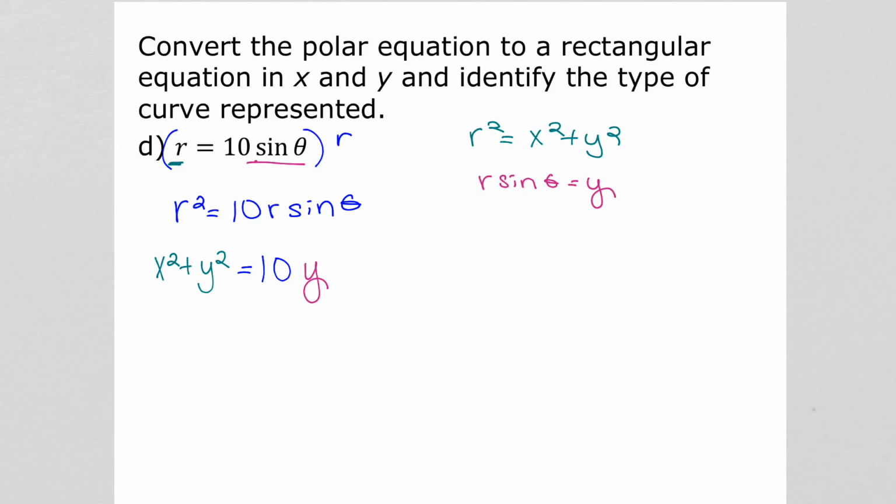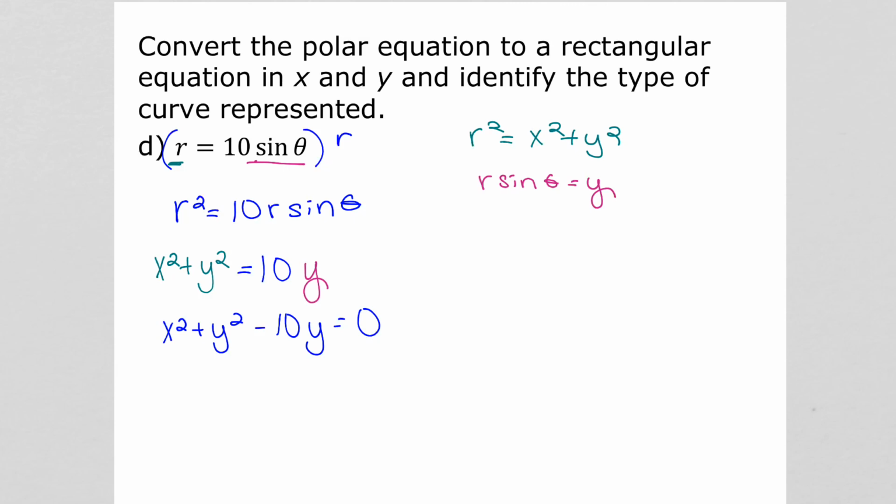Okay, now we need to get that into a correct form. We got x squared plus y squared. I'm going to bring the 10y over by subtracting it from both sides, and it gives us this.